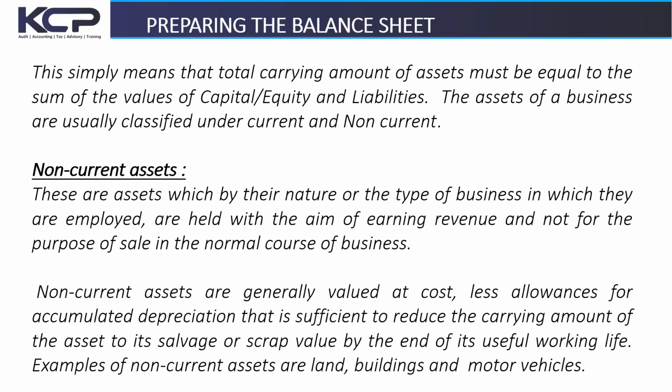Assuming KCP as a firm owns a building, and part of the building is let out for rental services. KCP as a firm is known to be in the business of professional accounting services and tax advisory services, right?